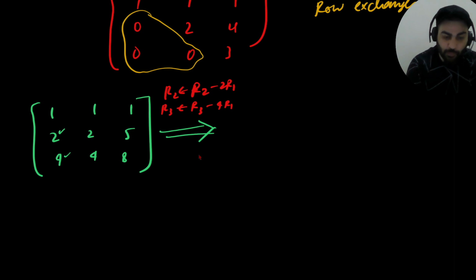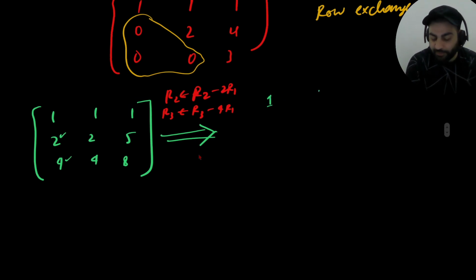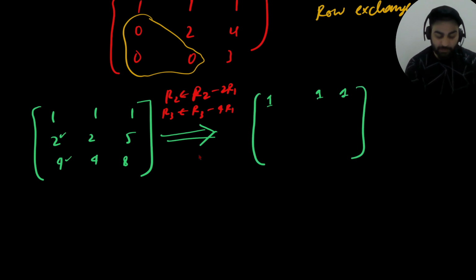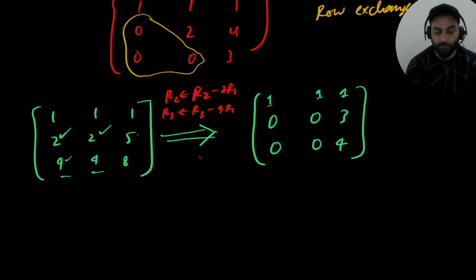So what I'll get out of this is 1 1 1 will remain as it is. The first row will remain as it is. This will become 0, this will also become 0, and then 3, because 5 minus 2 is 3. Now this will become 0 and this will also become 0, and this will become 4, since 8 minus 4 is 4.